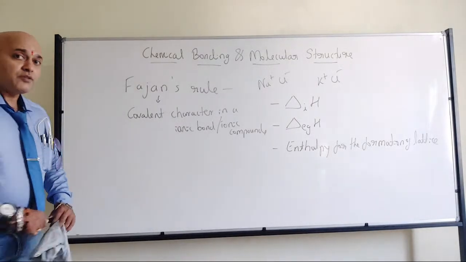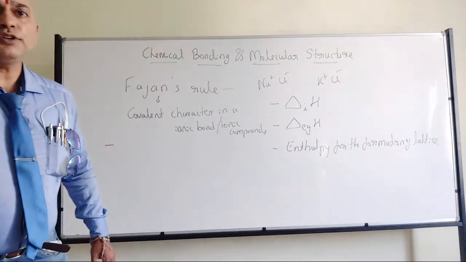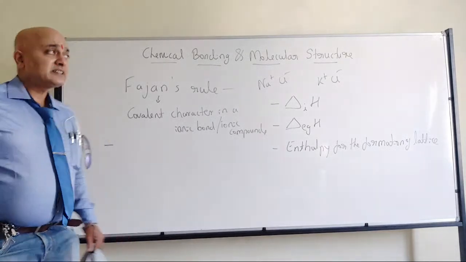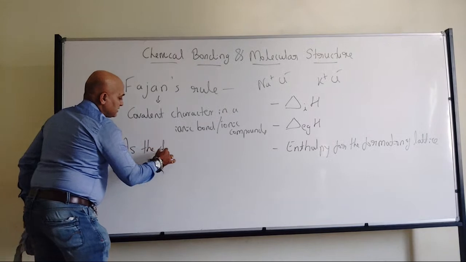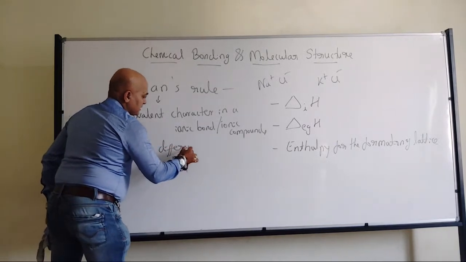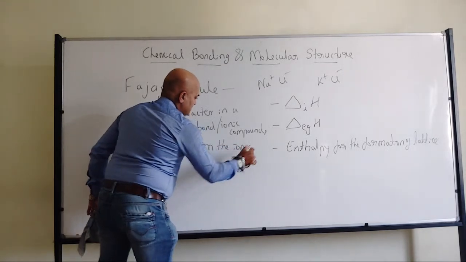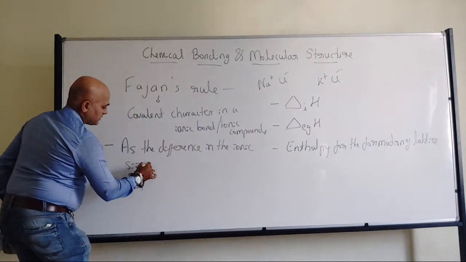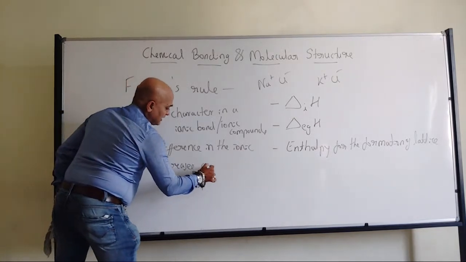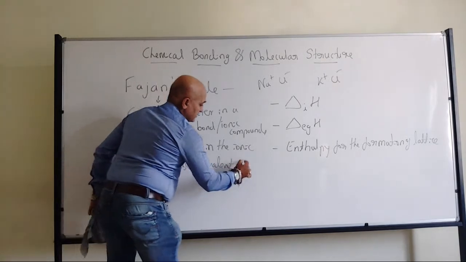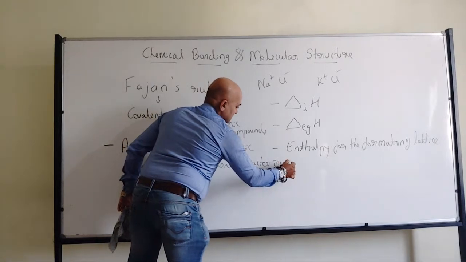Now, very important here, the first point related to Fajan's rule is: as the difference in the ionic size increases, covalent character increases.